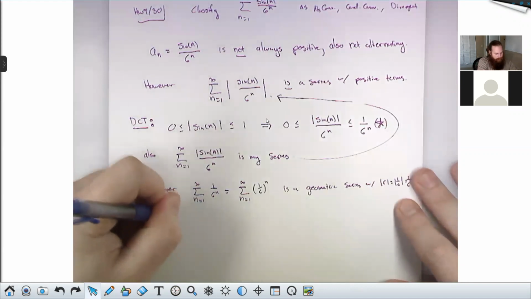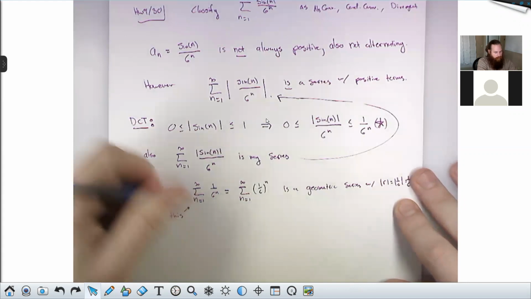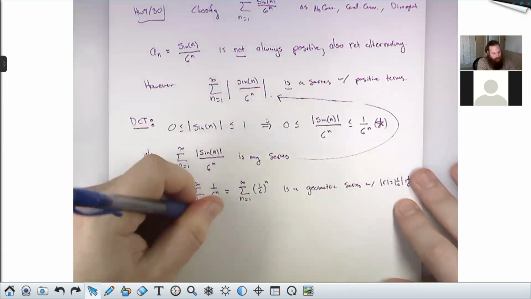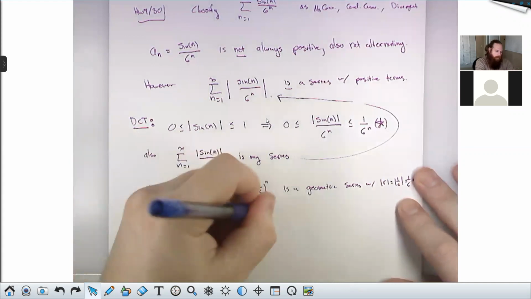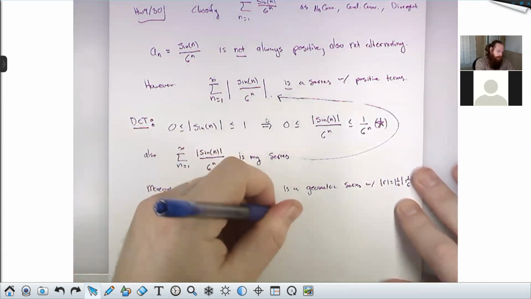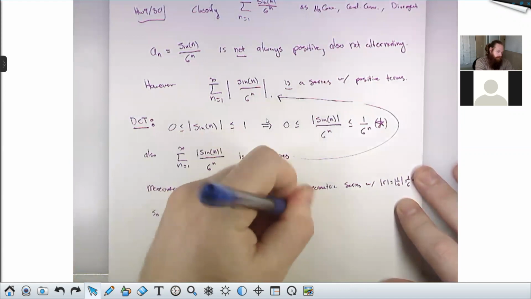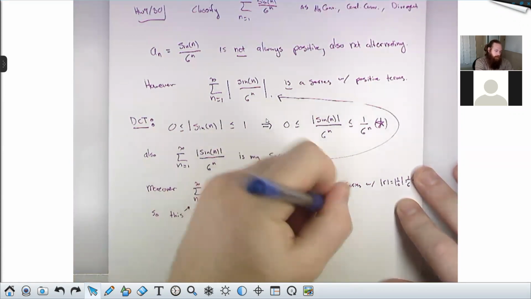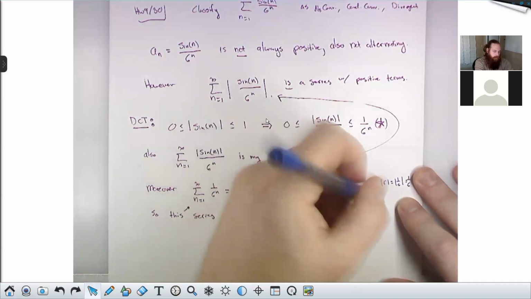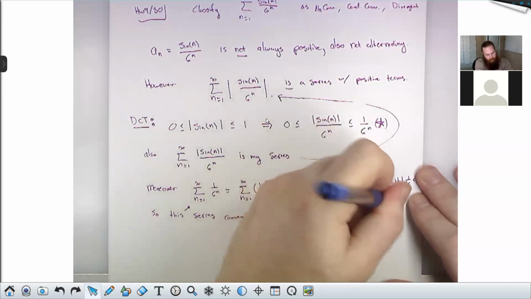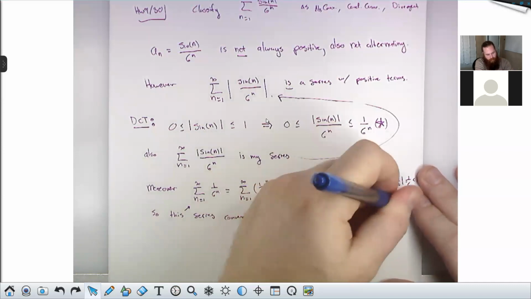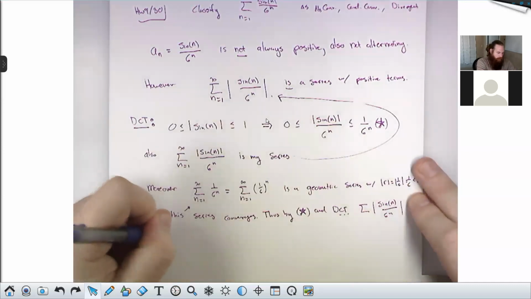So this series converges. Thus, by the inequality star and the direct comparison test, sigma absolute value sine n over 6 to the n converges.